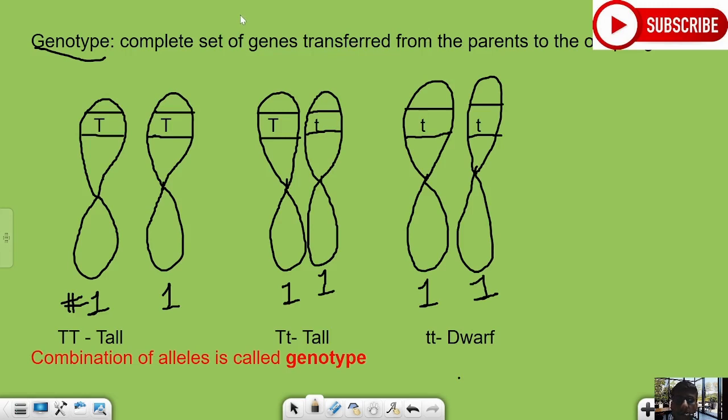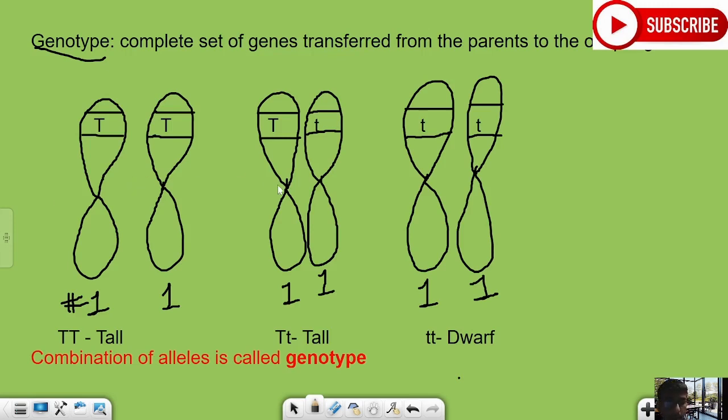In sexual reproduction, the gametes are fused and the genes are transferred from the parents to the offspring. So there will be different conditions of alleles. If we are taking a pair of homologous chromosomes, and in this locus capital T arises in the same pair, then it is known as homozygous dominant, because TT.